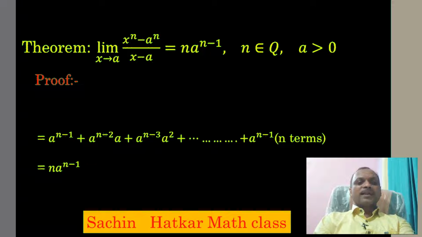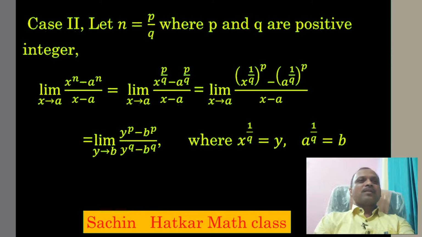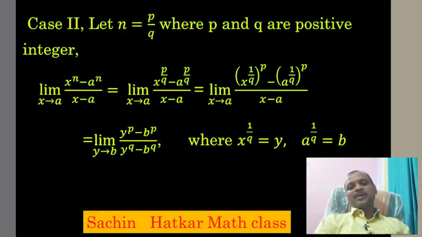Now the second case, when n is a rational number of the type p divided by q, where p and q are positive integers. We can write x raised to n as x raised to p divided by q, and a raised to n as a raised to p divided by q.